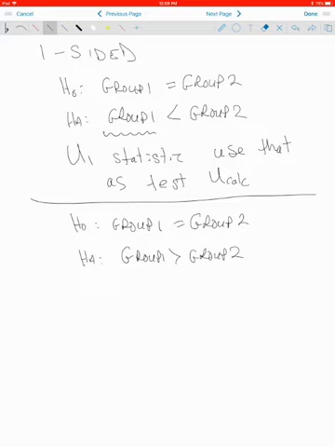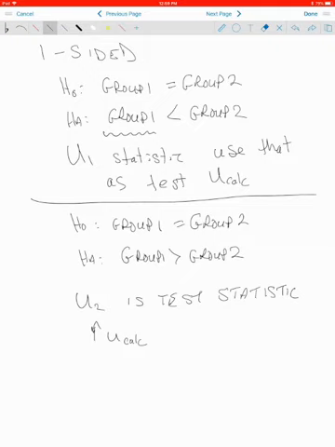Right? U2 is the test statistic. So you just calculate U2 and use it to compare to the critical values. So this becomes what I've called before U-calc, or the test statistic. So you look that up, compare it to the critical values.